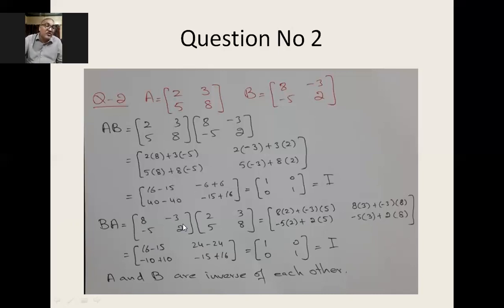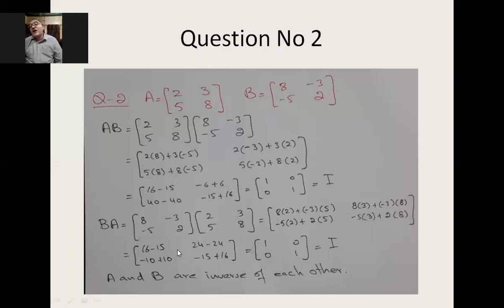Then it will multiply with the second column, and it will be -5 multiply 3 plus 2 multiply 8. So it will be 16 minus 15, 24 minus 24, and -10 plus 10, and -15 plus 16.